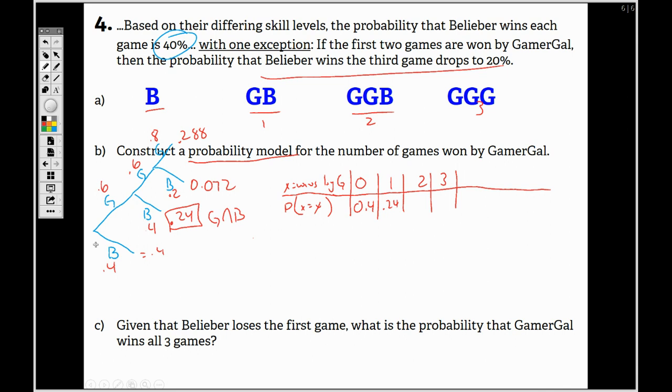If I get 2 wins, it's G and B, 0.072. And 3 wins is going to be G and G, which is 0.288. Now, you should take a second, if this were a quiz or test or otherwise, and add these up and make sure we have a valid probability model and that the probabilities do indeed add to 100%.